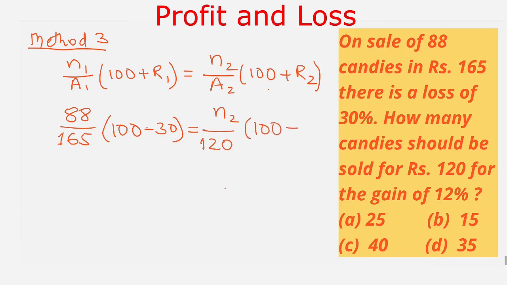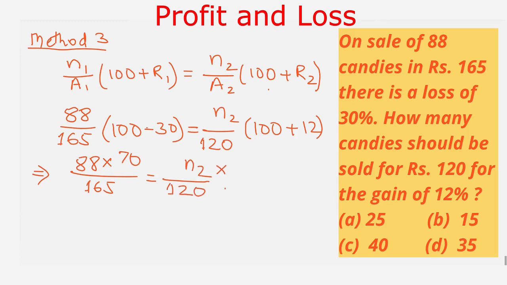So R2 is 12. So we put 100 plus 12. Now this is easy. We have just to find the value of N2. Everything is given to us here. This is 88 multiplied by 100 minus 30 is 70 divided by 165 equal to N2 is asked to us. Amount given to us is 120 multiplied by 100 plus 12 is 112.